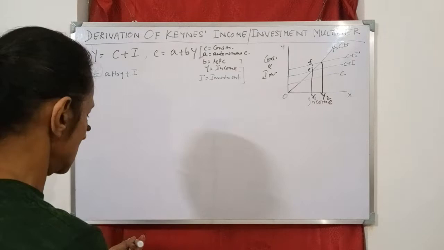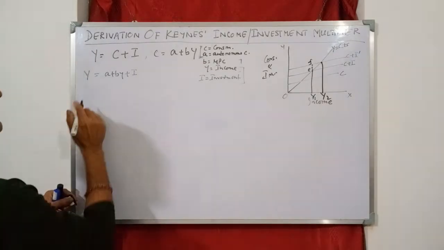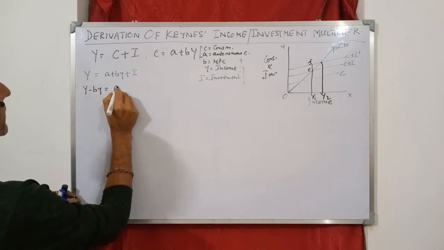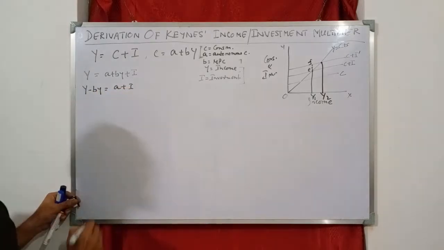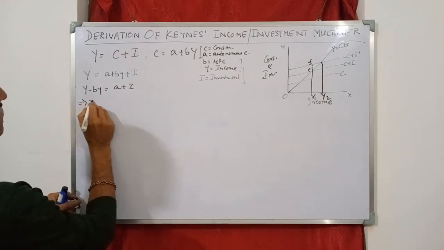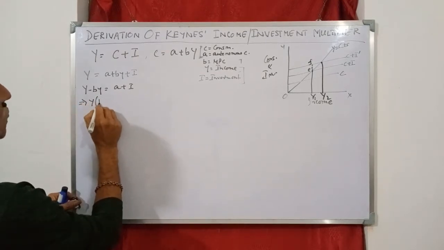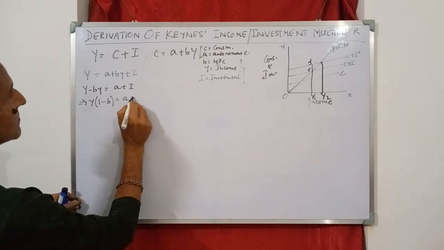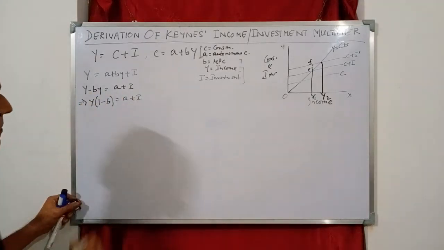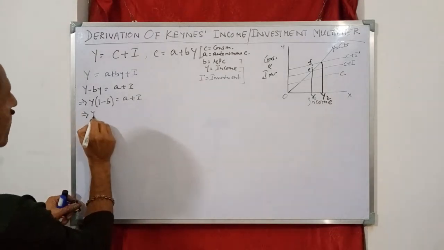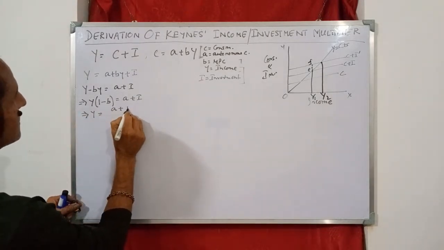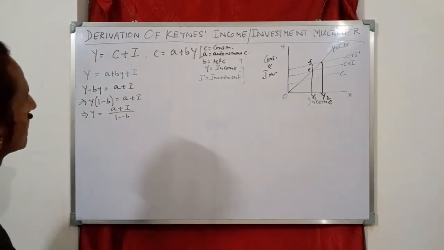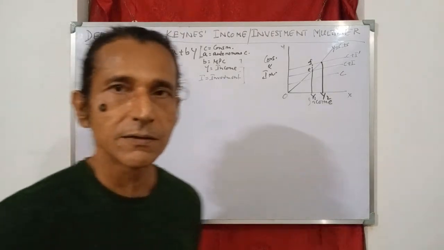Right? So we can write Y minus BY equals to A plus I. This gives us, we take Y as common, so we get Y within bracket 1 minus B equals to A plus I. So this gives us Y equals to A plus I divided by 1 minus B. Right?